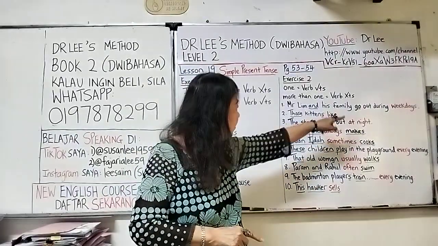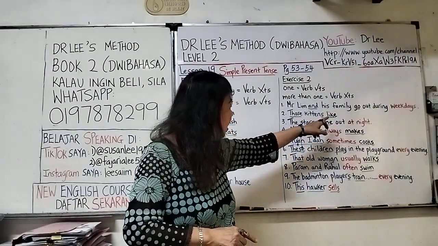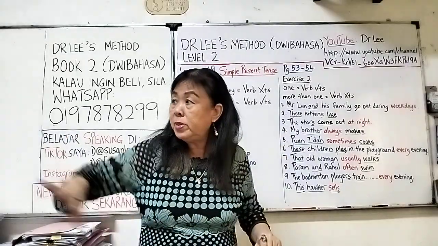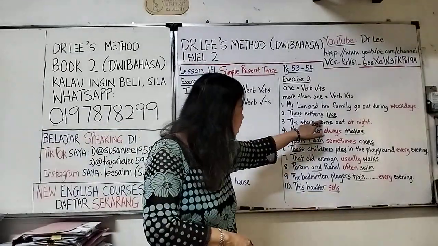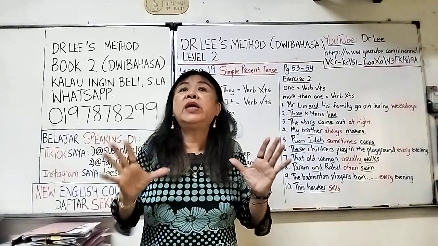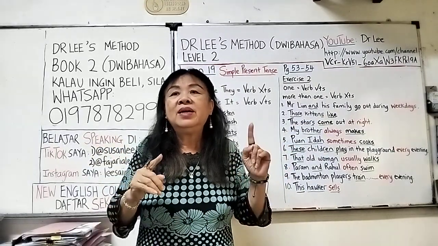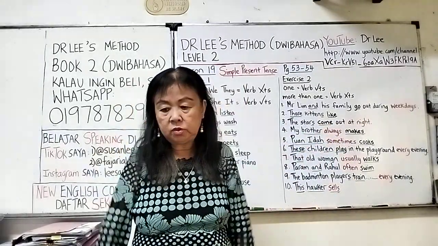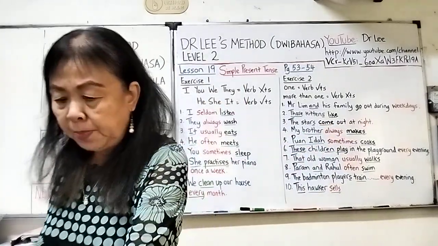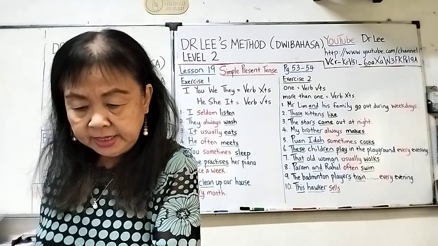So go. Those kittens like. Those means all over there, more than one. That is why kittens, you see s there. So more than one animal. The verb like cannot put s. So those kittens like to play under the table.